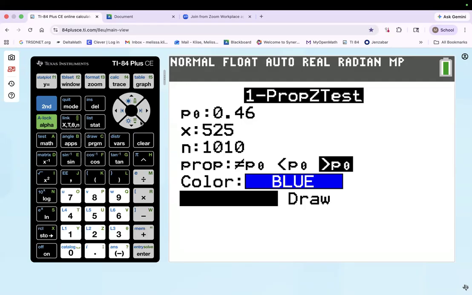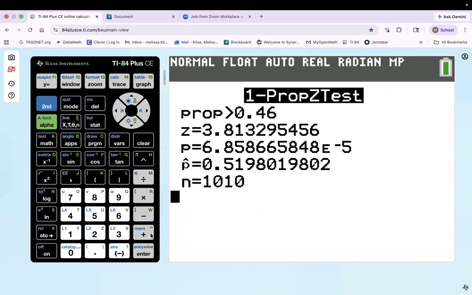I want to see this screen. Calculate. I want to see this screen. These are the 2 screens I want you to write down. So still do all of that beginning stuff, the NP1 minus P greater than or equal to 10, the less than 5% of the population. Show me your null and your alternative hypothesis, but then write down what is on the screen so I know what you put in your calculator.